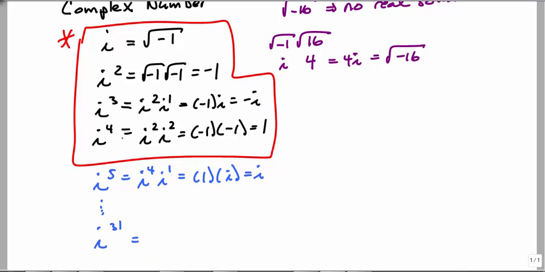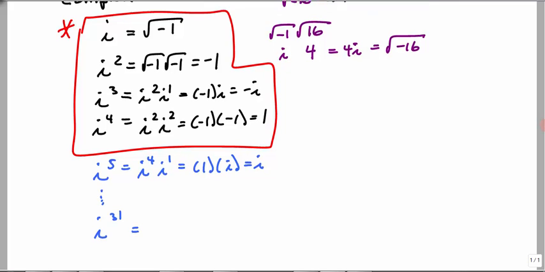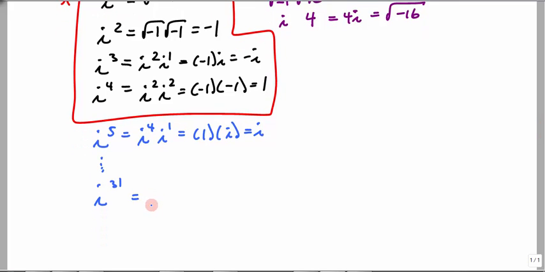Well, the key to these types of problems is to realize this i to the 4th is 1. So if we can pull out all the i to the 4ths that are possible, that's really going to make my problem easier. So what I want to think about here is what is the largest multiple of 4 that's less than 31? And that would be 7 times 4 is 28. So this would be i to the 28th, i cubed. Now i to the 28th is i to the 4th to the 7th, because remember when you raise a power to a power you multiply the powers.